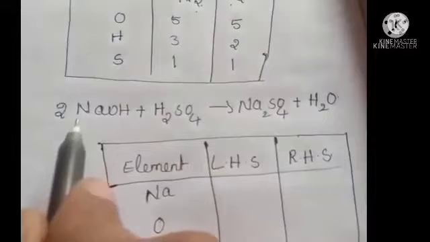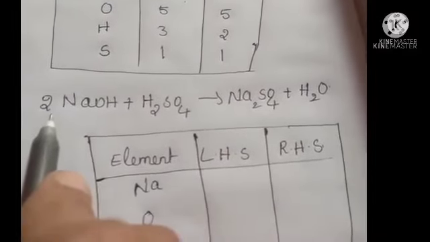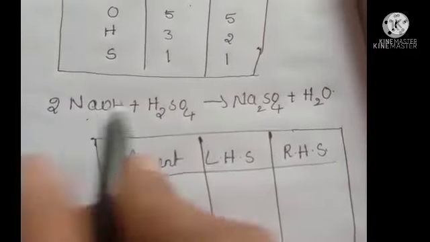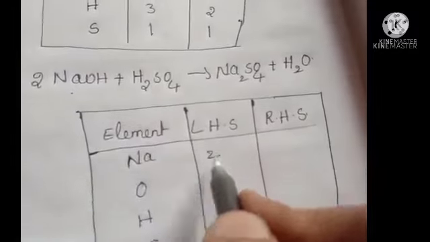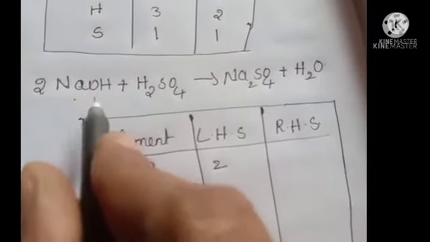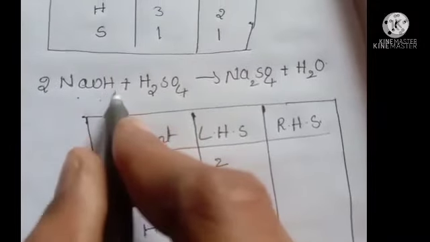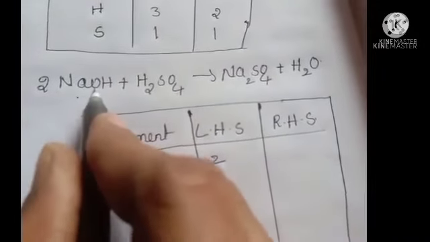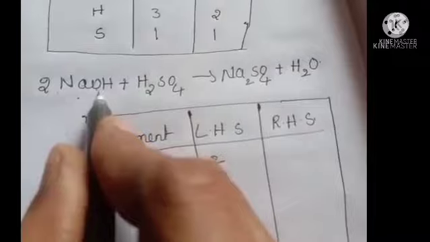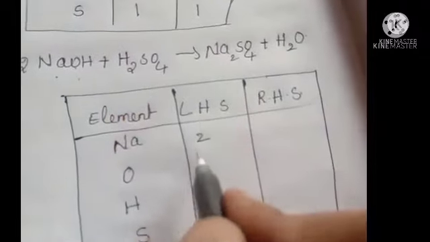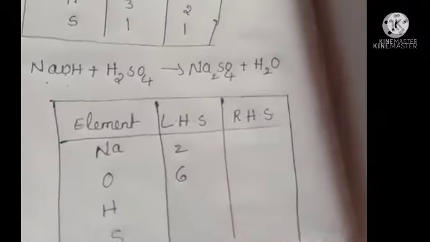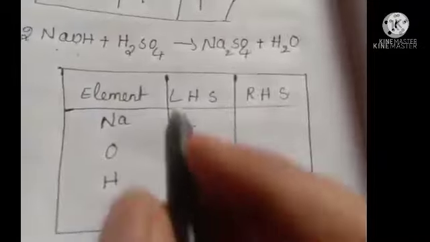Now tell me, how many sodium atoms does the left side have in the second equation? 2. Then oxygen 2 plus 4. Here the compound has coefficient 2, so 2 into 1, 2 plus 4, 6.